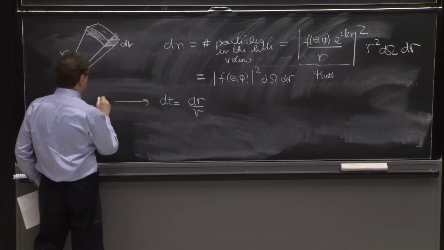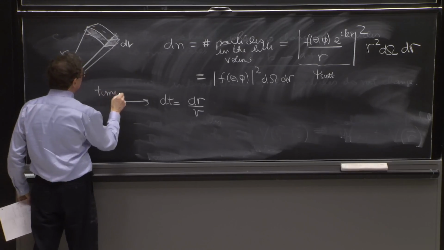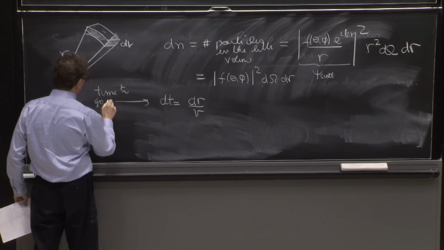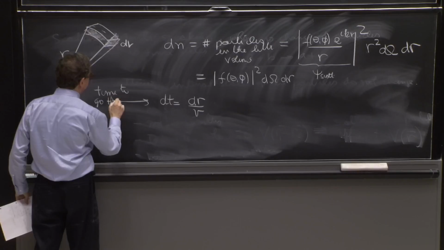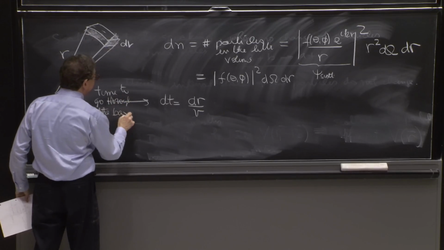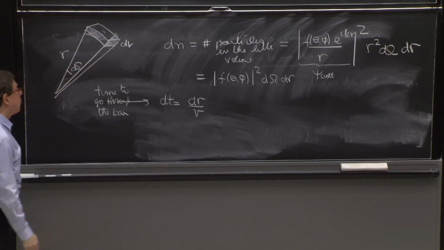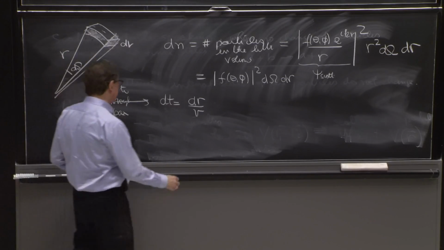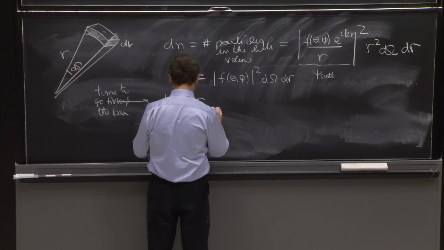This is the time to go through the box. And the velocity is h bar k over m.